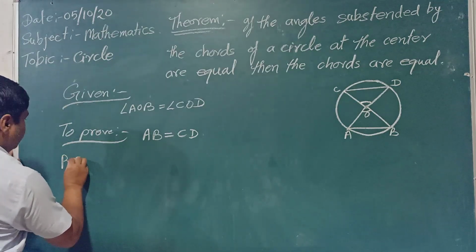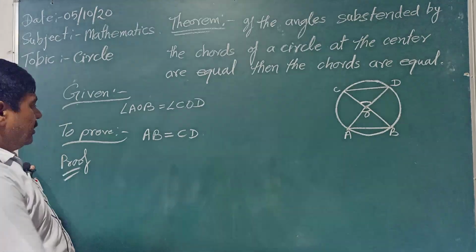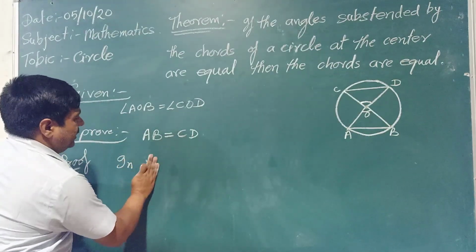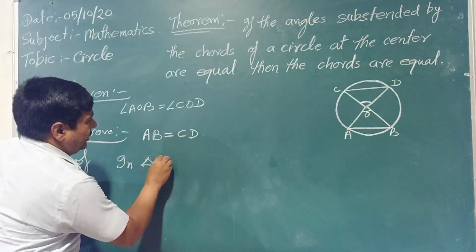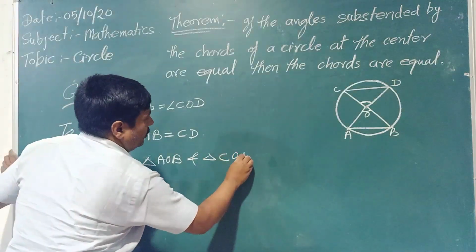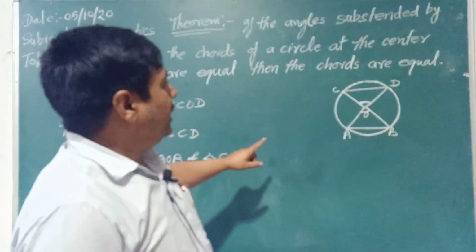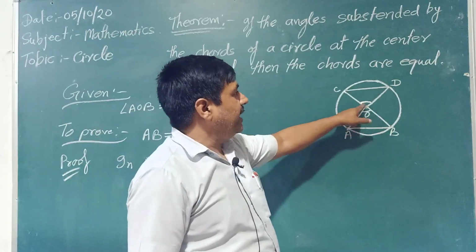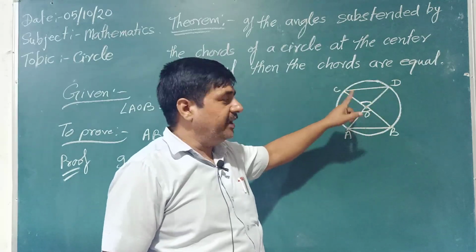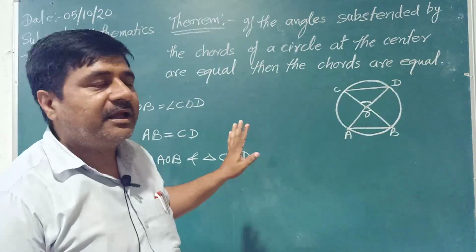Okay, now proof. Now in triangle AOB and triangle COD, here OA, OB, OC, OD are radii of the circle, so all of these are equal.